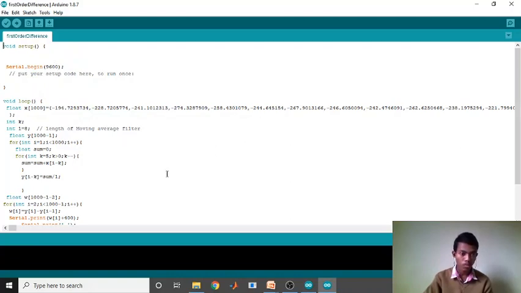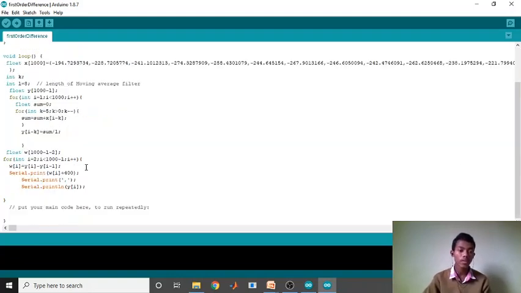If you observe this code, as I said earlier, this is our void setup and void loop, and this is our input signal. I am applying the first order derivative filter to the smoothed signal. Smoothed signal means first I pass my input signal through the moving average filter. After getting the output, for that output I am applying the first order derivative filter.